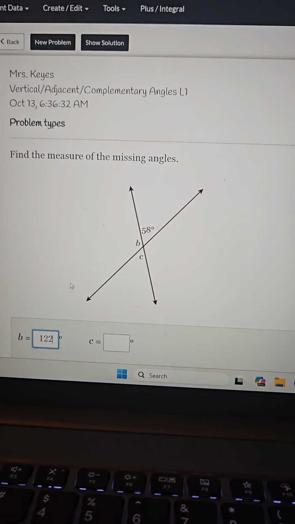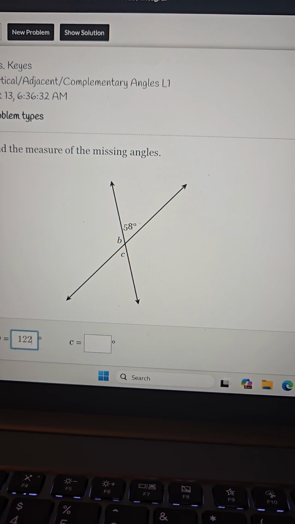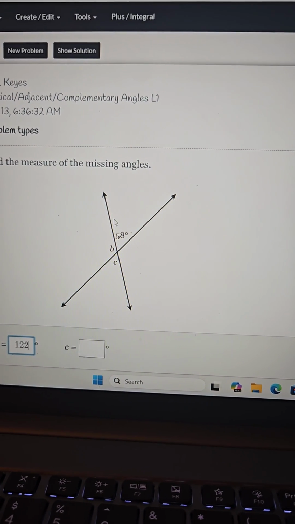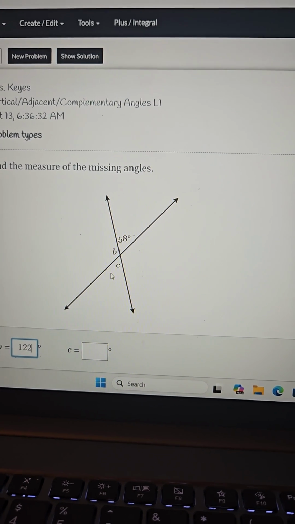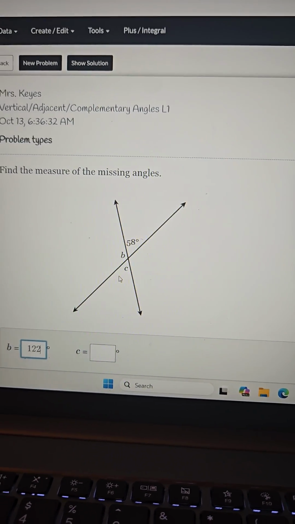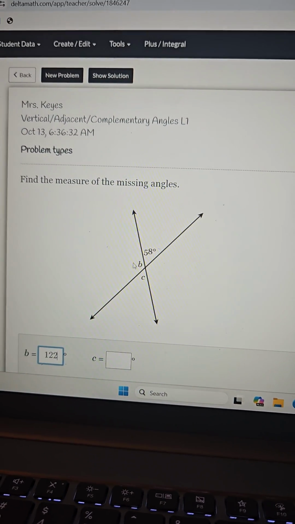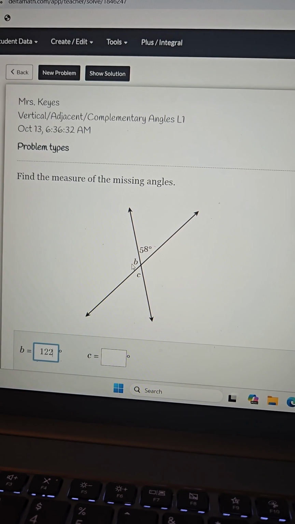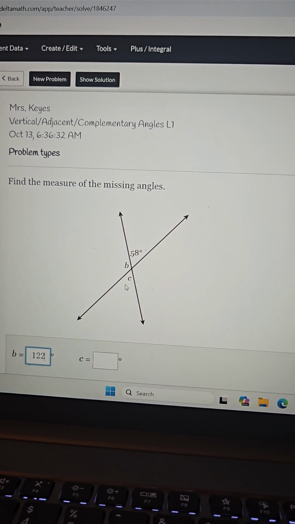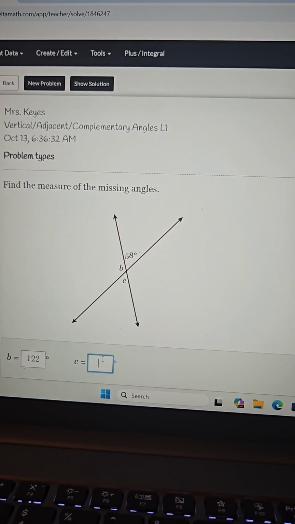And then it wants you to know, well, you can know two things. If you realize these are vertical angles, they're straight across from each other, and they look relatively the same size, then you would know that this is 58. But let's say you forgot about vertical angles or how to figure those out. If you know that this is 122 and these make a linear pair, then you would take 180 minus 122 and you would get 58.